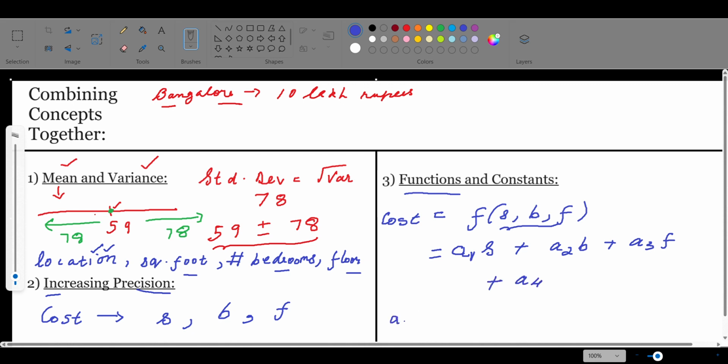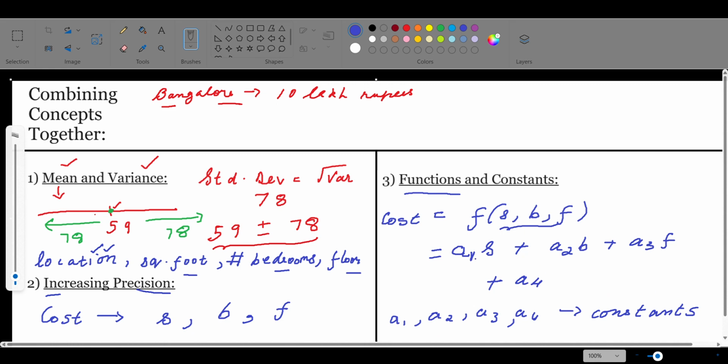Now over here A1, A2, A3 and A4 are all constants. Constants, the opposite of variables. These values will never ever change. So if A1 is equal to 5, it will always stay as 5. Okay.